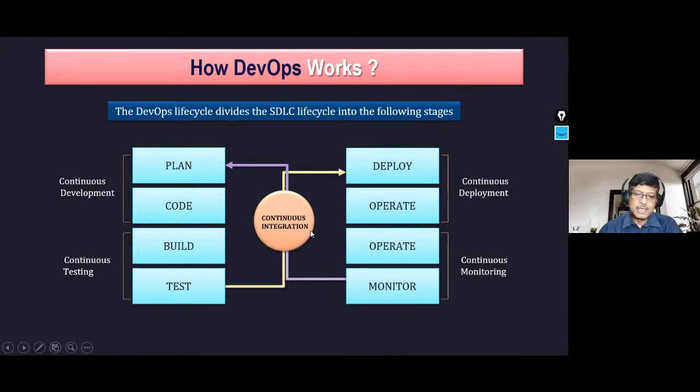Then there is continuous integration. It is not only your continuous testing or development. You have to continuously integrate between the various phases through the automation pipeline. Then continuous deployment. You continuously deploy and configure your environment, or provision your environment. Or you continuously orchestrate.